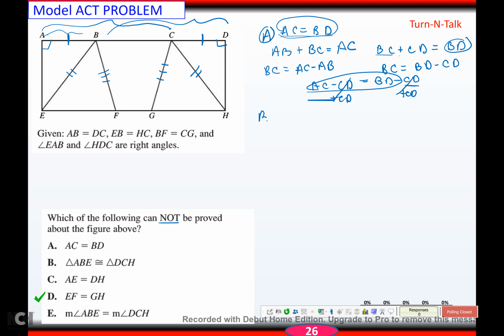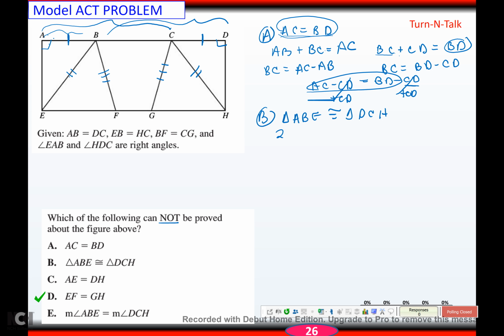For B, can I prove that triangle ABE is congruent to triangle DCH? Well, yeah, I can, because if two sides of a right triangle are equal, that would make sense. I can't use angle side side or side side angle, which doesn't work.